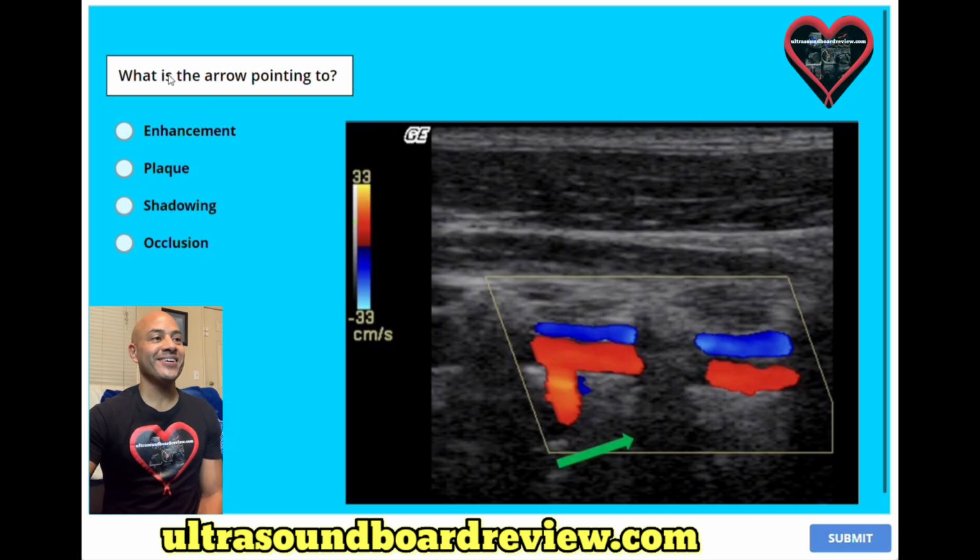Question 105. What is the arrow pointing to? A, enhancement. B, plaque. C, shadowing. Or D, occlusion.